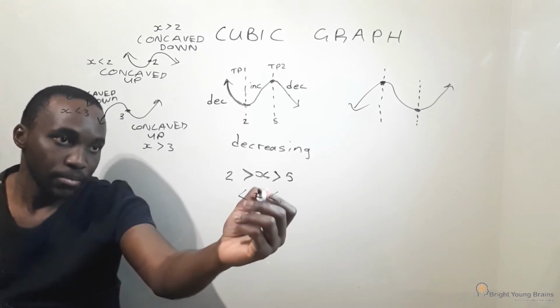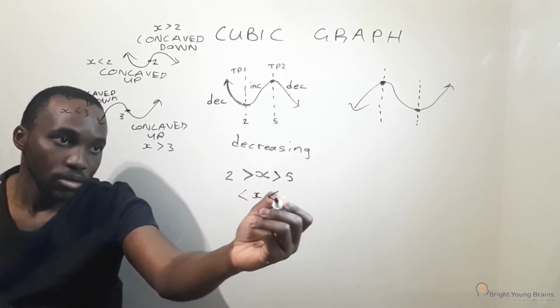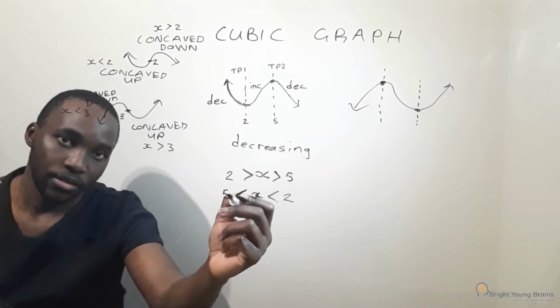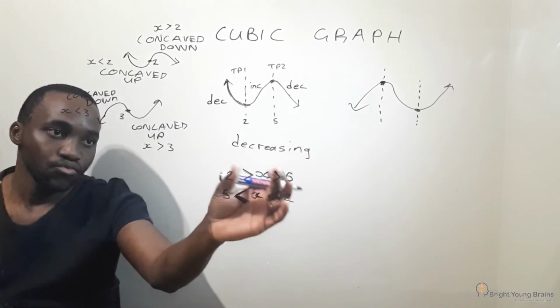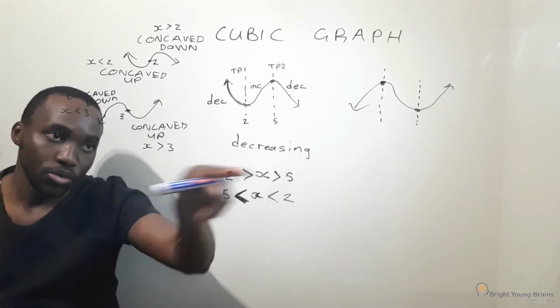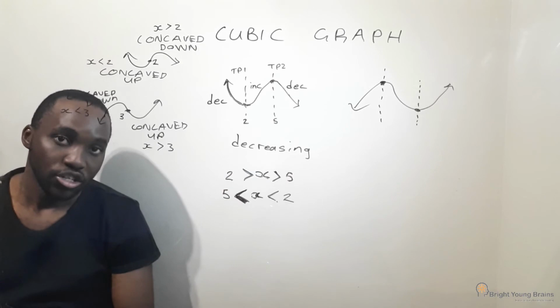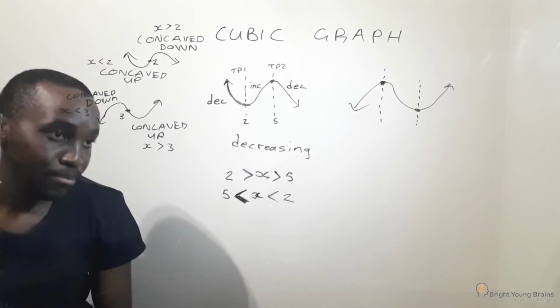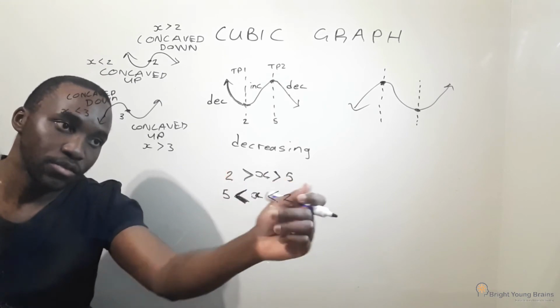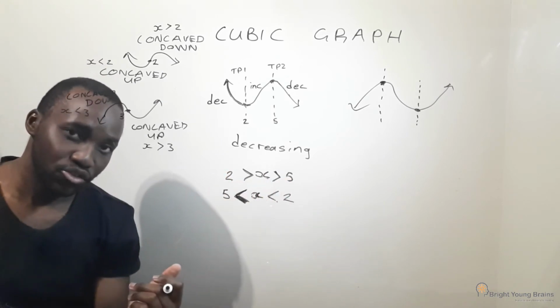You would just need to keep in mind that your x values need to be smaller than 2 and your x values need to be bigger than 5. These two mean the same thing. Just keep in mind your inequality symbols always need to point in the same direction, and your answers will always mean the same thing. If you make them point there, this is how you're going to put your numbers. If you make them point there, that's how you're going to put your numbers.